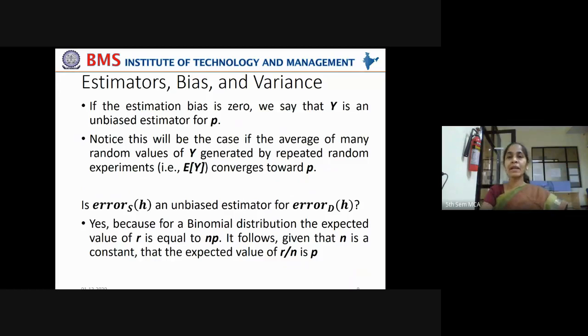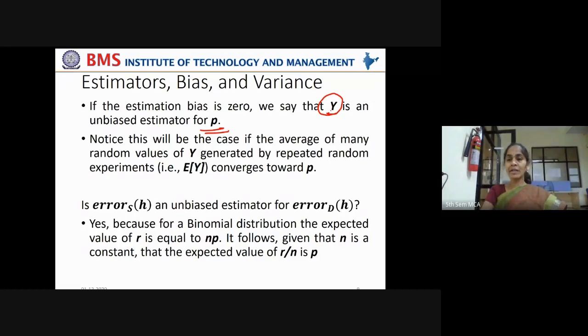Now, if the estimation bias is 0, it means there is no difference between your sample error and your true error. Both are the same. In that case, we say that your random variable y, in this case the sample error, is an unbiased estimate of your true error.